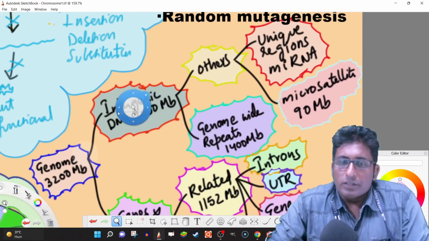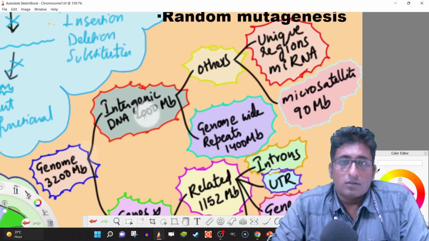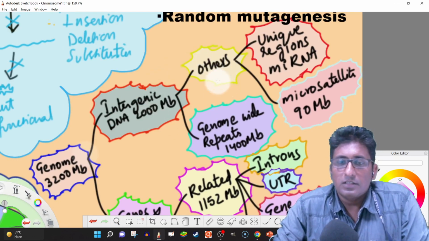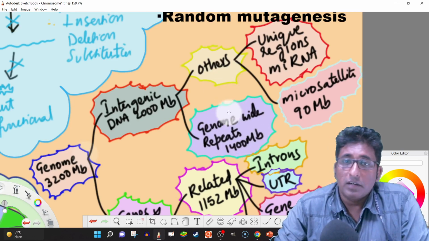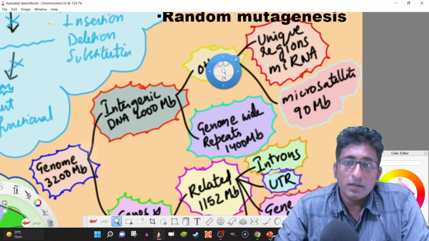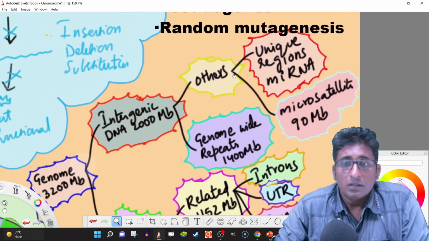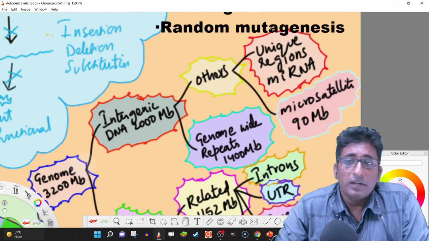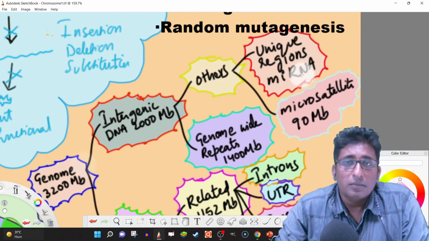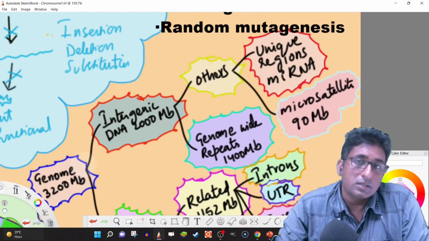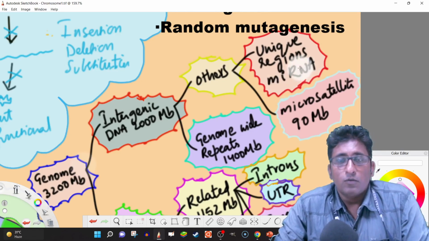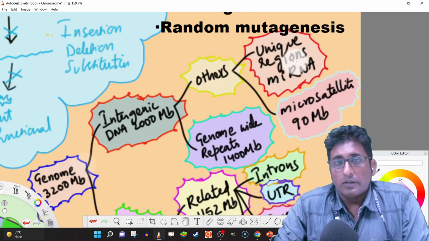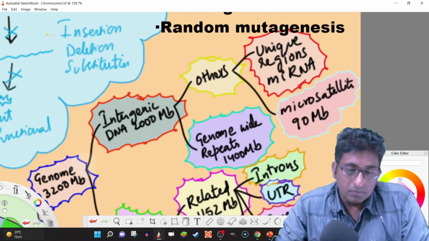In the intergenic region, which is a large chunk of the genome, there are genome-wide repeats which account for 1400 MB. That's huge. And there are other regions such as unique regions, microRNA, and other sequences. MicroRNAs have an important function in the regulation of several genes.